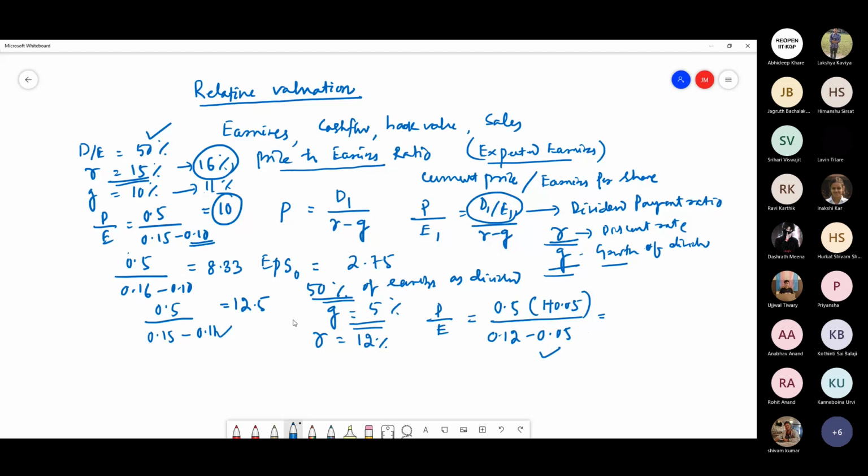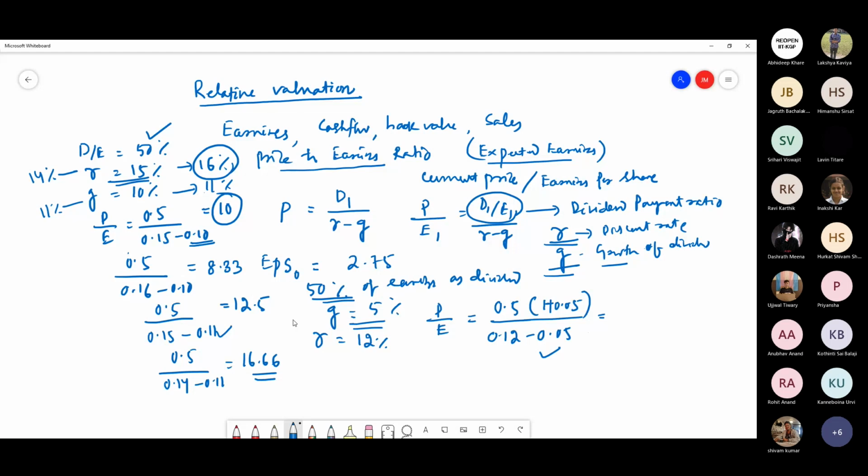If both rates change, say R is equal to 14% and G becomes 11%, then the P by E ratio will drastically increase: 0.5 divided by 0.14 minus 0.11, that is 16.66.